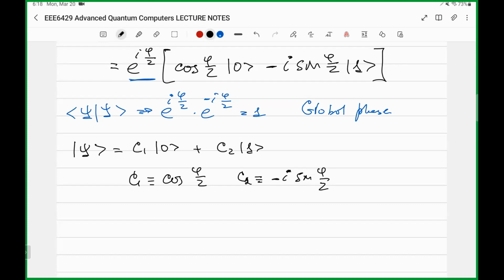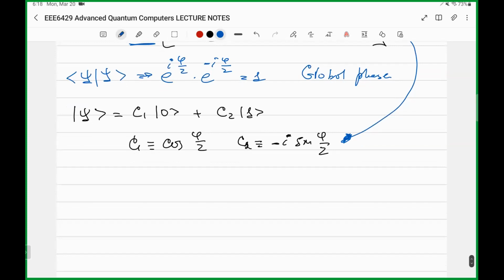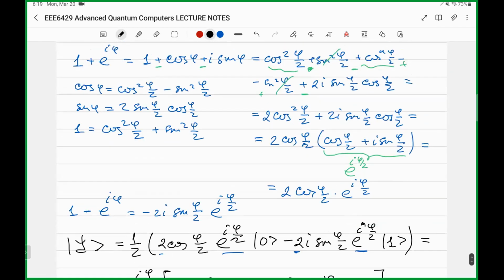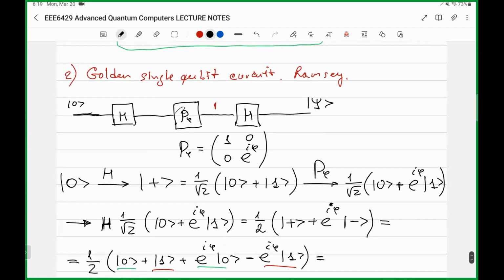I just rewrote this line and omitted this global phase factor. So what we obtained is the state of a qubit with projection coefficients C1 and C2, but now these projection coefficients depend on the phase that is provided, I just remind you, by this phase gate in the circuit.